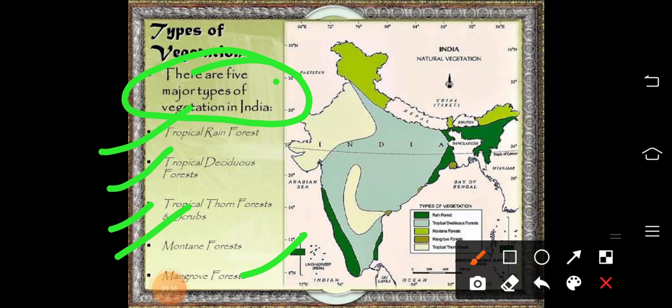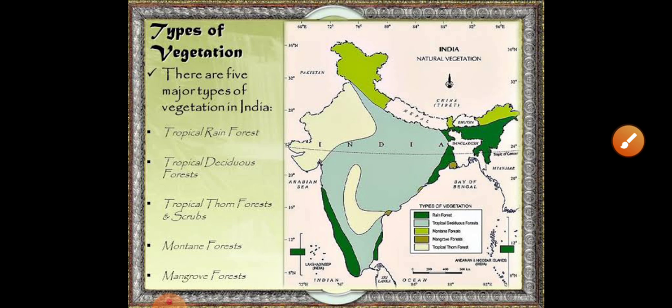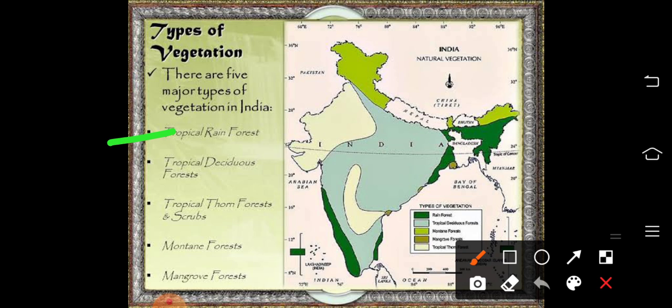So here in this map also you can identify the areas with the different types of natural vegetation all over the country.